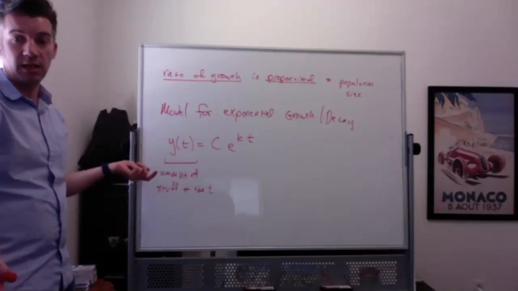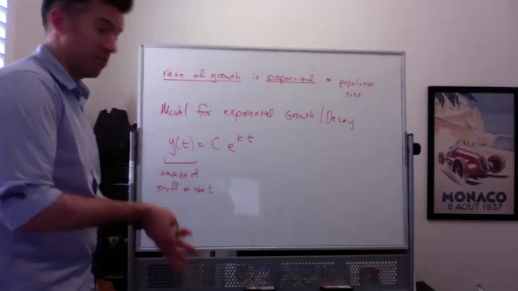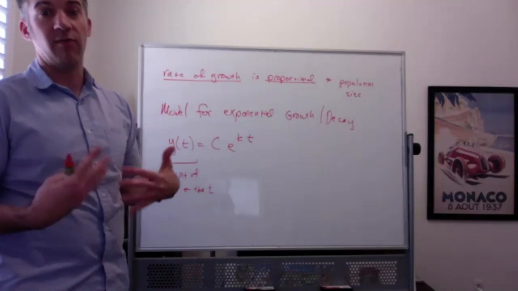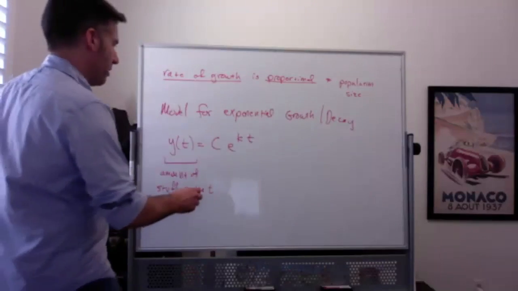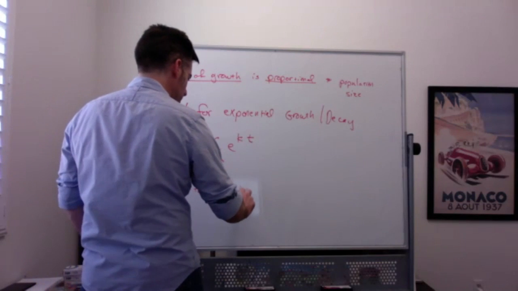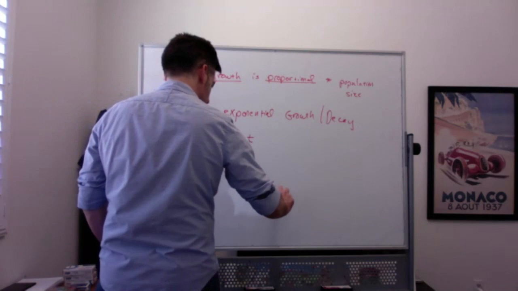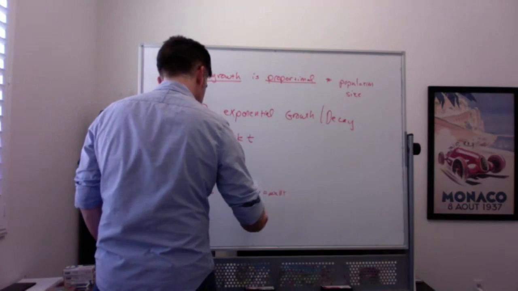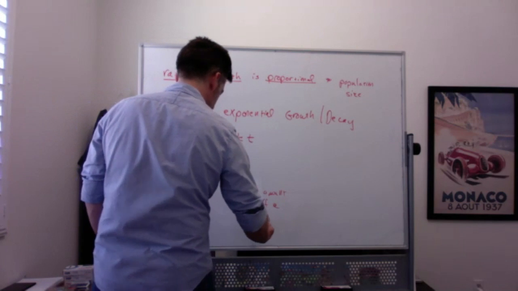It could be money, it could be people, it could be bacteria, it could be a radioactive substance. It's just whatever you're talking about, it is how much of it you have. And then C here, that's your initial amount of stuff at time 0.